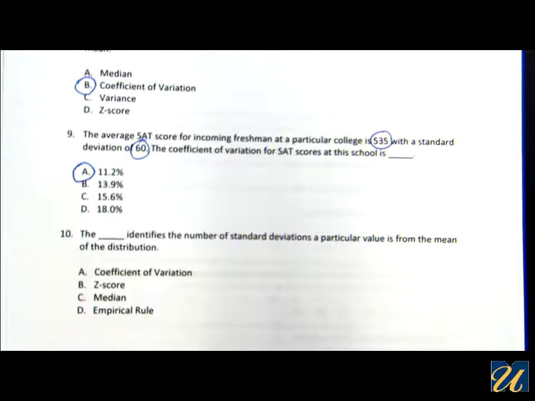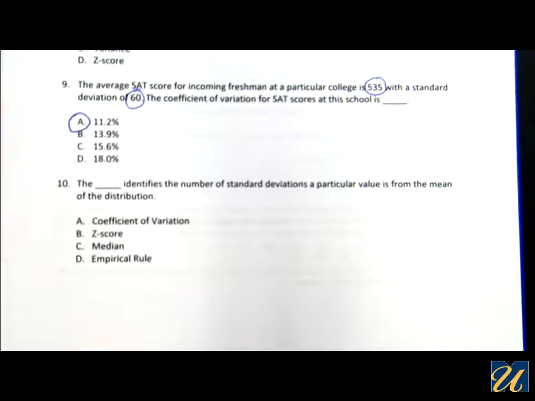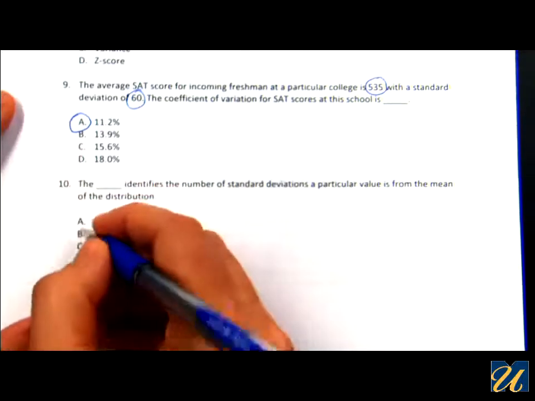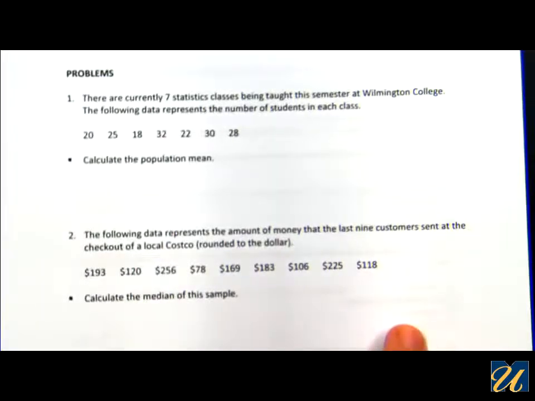What identifies the number of standard deviations a particular value is from the mean of the distribution? This would be the definition of the z-score. There are currently 7 statistics classes being taught this semester at a specific college. The following data represents the number of students in each class.